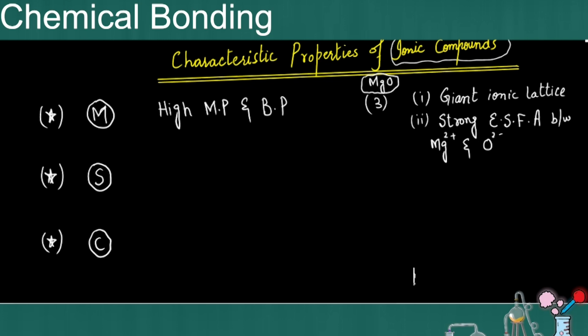And for the third mark we have to mention the energy needed for this. बेटा जी अगर strong bonding है, giant ionic lattice है, so it needs more energy.